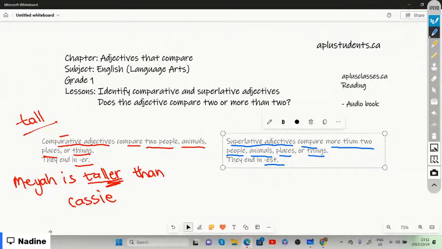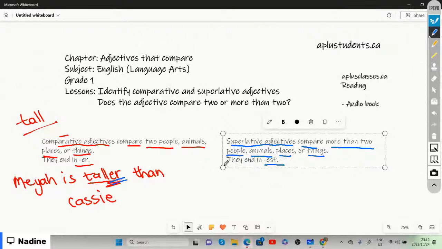So we already compared Mia to Cassie, right? And that is two people. So we say Mia is taller than Cassie, and we added an er. But we can then say Ben is taller than both of them, right?